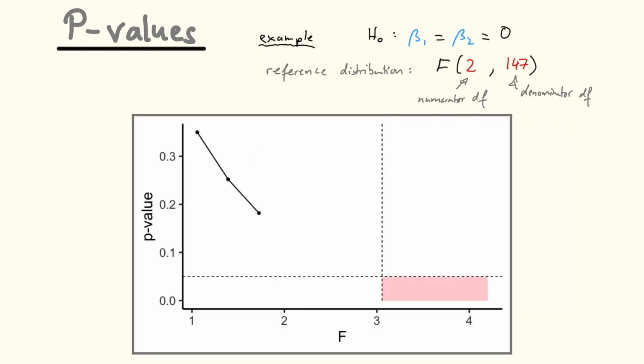This animation shows how different values of the F statistic map into different p-values. The horizontal dashed line represents a nominal level of 5%. Based on the p-value transformation, we can determine easily what values of the F statistic exceed the critical value at level 5%. We don't even have to compute this critical value.